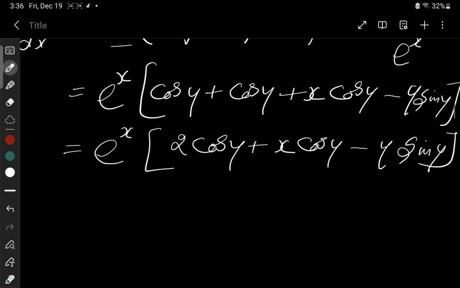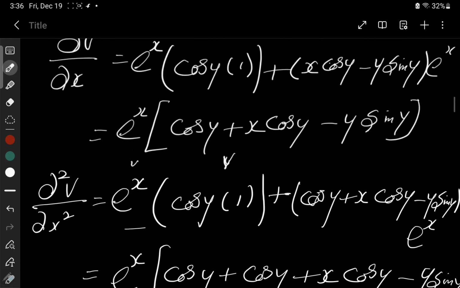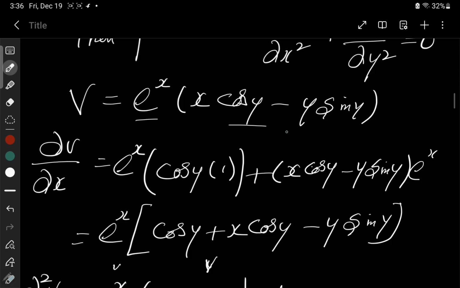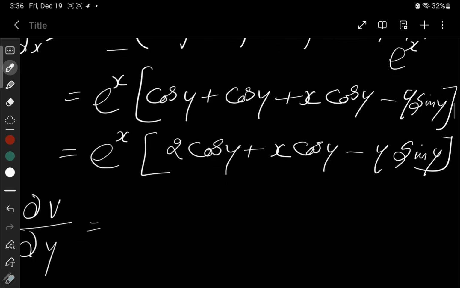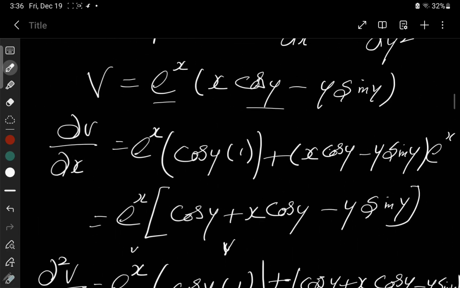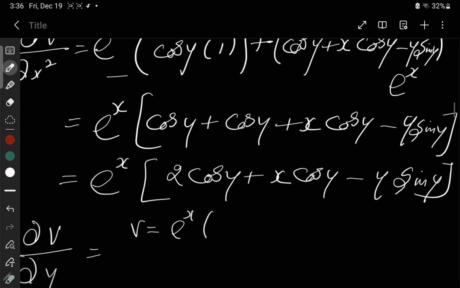Next you have to find dou v by dou y. Differentiate the expression v with respect to y. Before that, let me write what v is. So v is equal to e power x bracket x cos y minus y sin y.